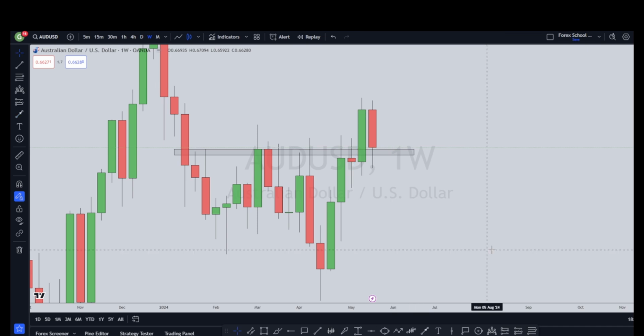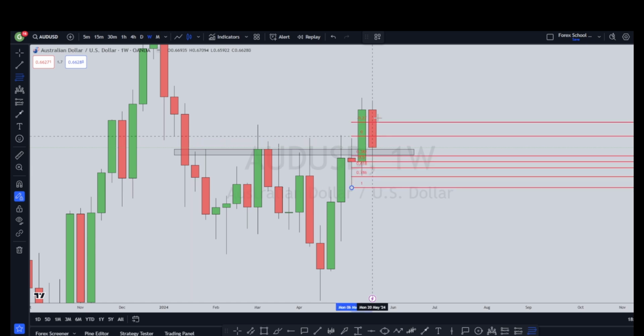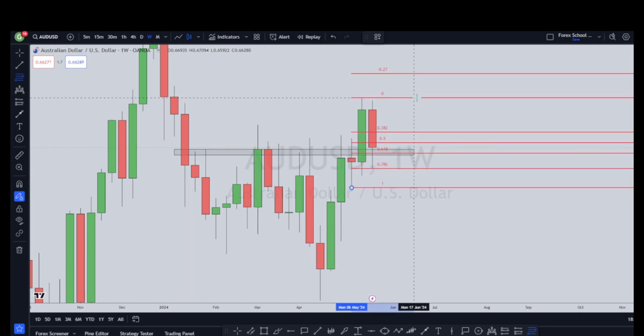We are only looking for a set of confluences to inform our buyers, to help us make trading decisions in the market. Now, if I take the Fibonacci tool and measure from the low of this bullish move to the high of the impulsive move, we see that the same area that is acting as a level of support that was able to hold price upon retest to the upside is the same 61.8 Fibonacci retracement level.